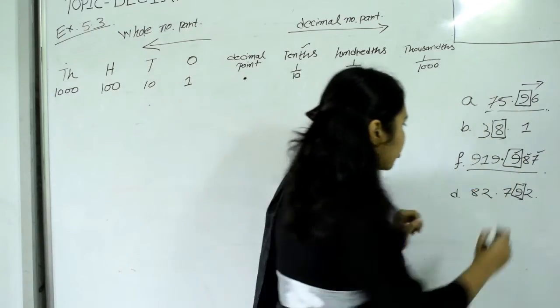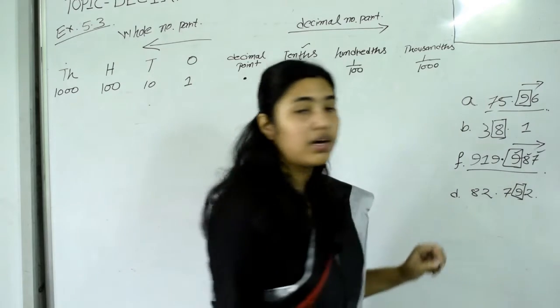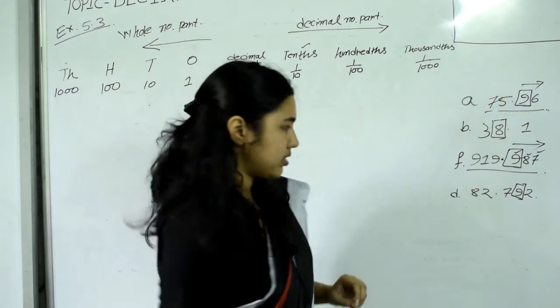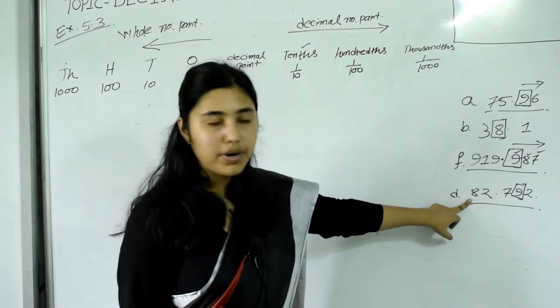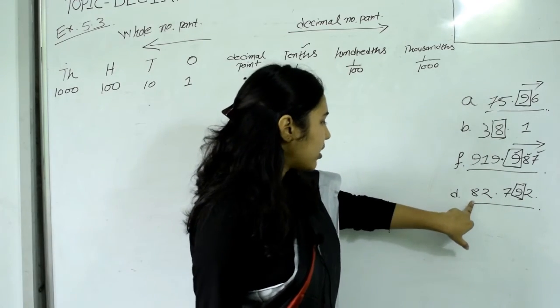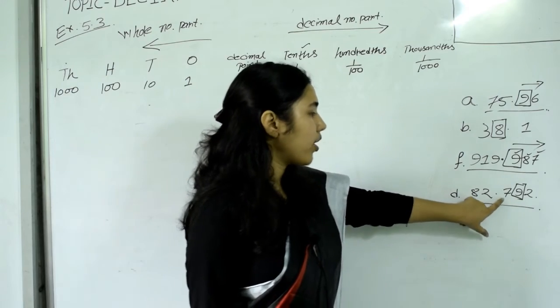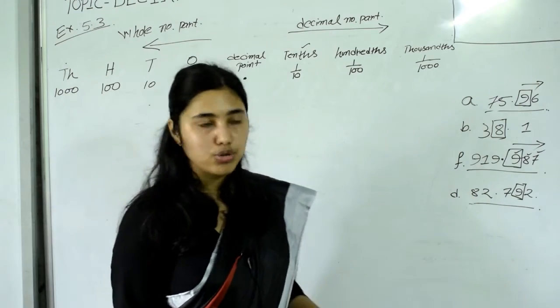Read this portion digit wise. Next, consider this number, we can call it 82.792.